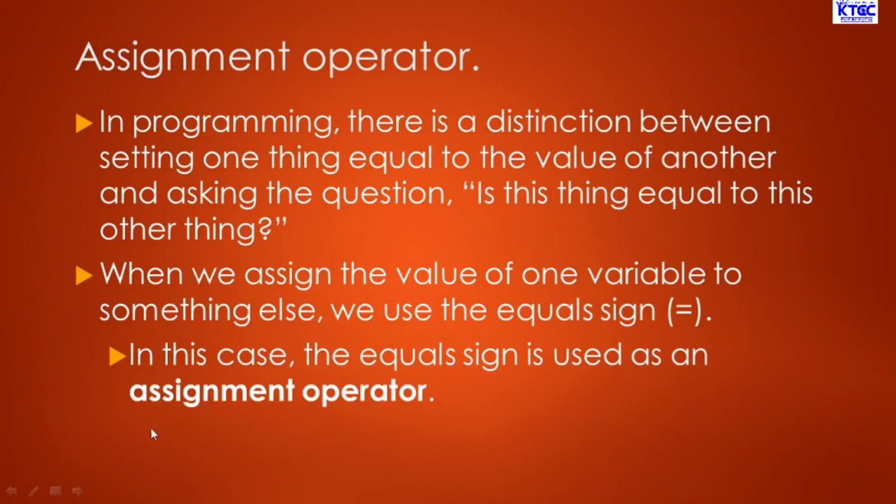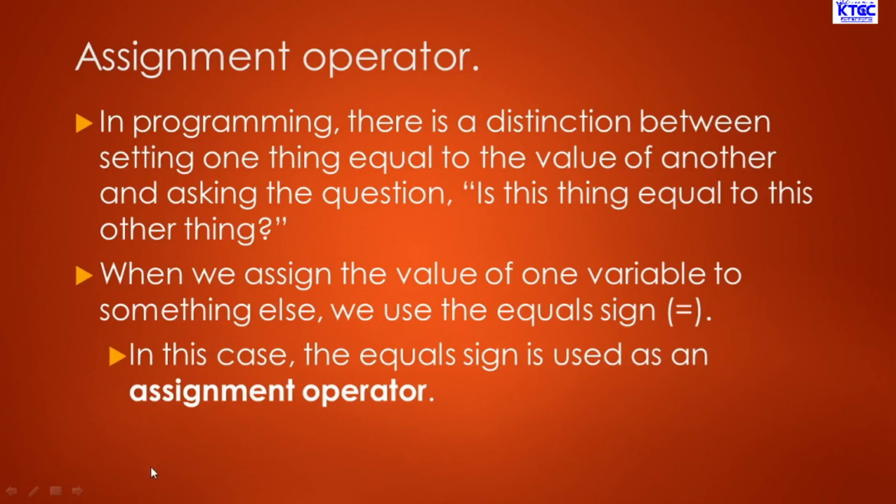So we say first name is equal to Rashid. First name is the name of the variable, Rashid is the value. So we are assigning Rashid to the variable first name. So we use the single equal to.